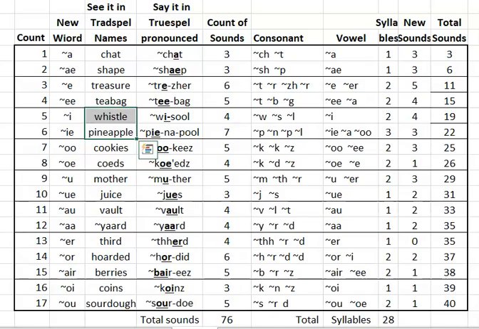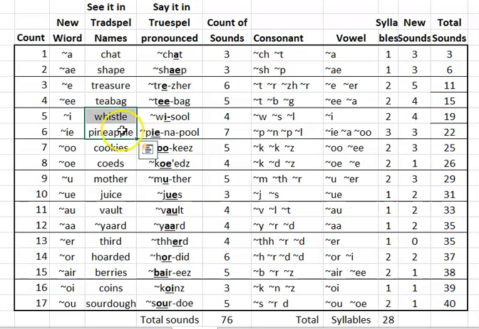Whistle. Pineapple. Notice that in whistle, you have a silent H, a silent T, and you could call it a silent E because we don't say that E at the end.